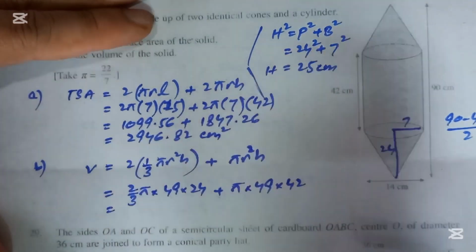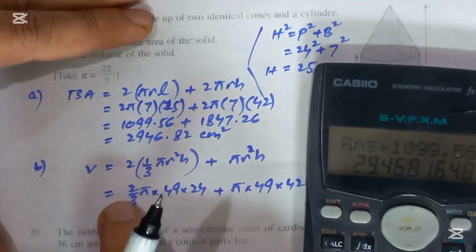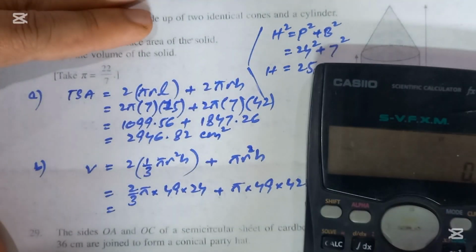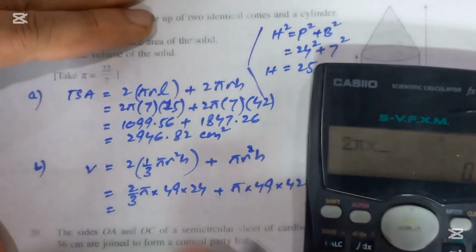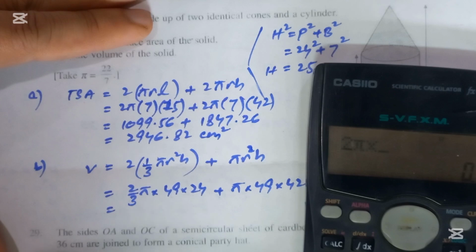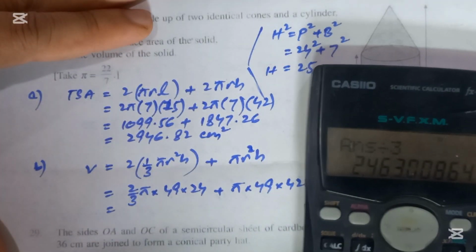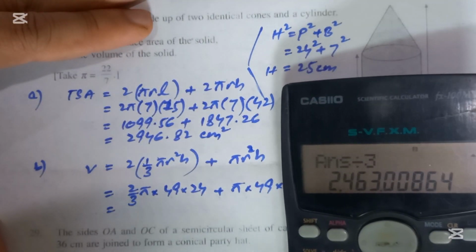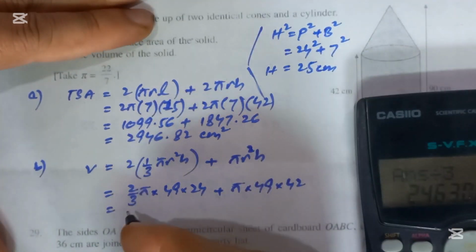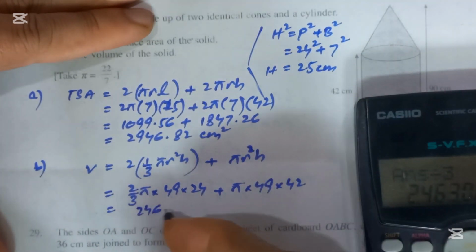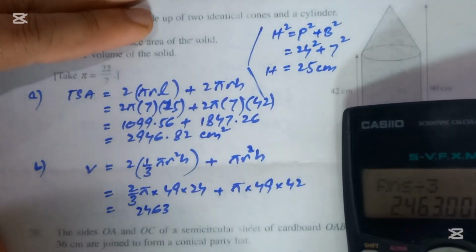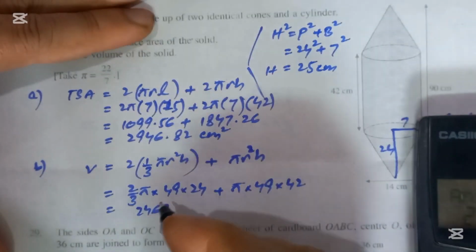And now solve these values on the calculator. 2 pi multiplied by 49 multiplied by 24, divided by 3. So this is the answer of the cones, 2463.01.